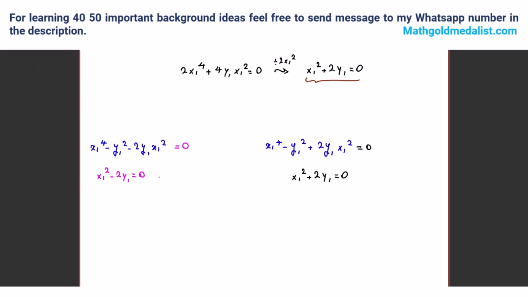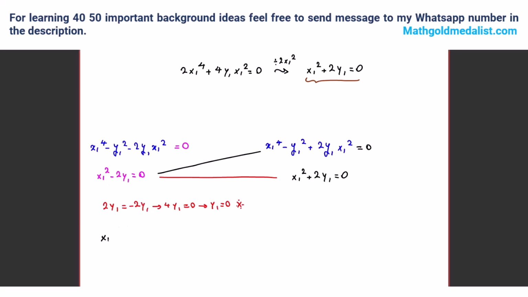Let's consider these two things first. If we consider these two things, then x1 squared is 2y1 from here, and x1 squared is negative 2y1. So 4y1 is 0, so y1 is 0. Okay, so we've rejected this case. Let's use different colors for proving each of them. Now let's consider this one.